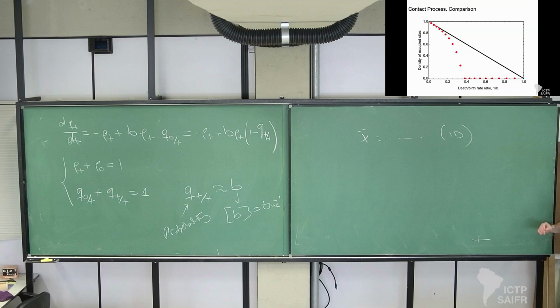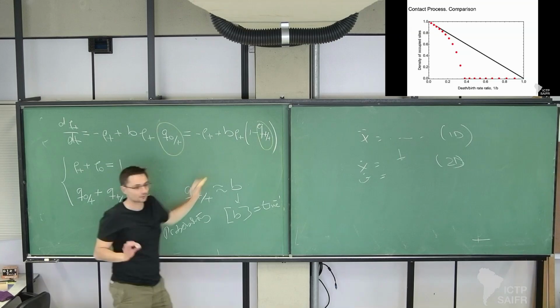I have an equation for one variable, rho plus, that has something here that is not a parameter. That's why I said it's not a parameter. What is this? This is another variable. How many of you would try to write an equation for this other variable? Well, now all of you, no?